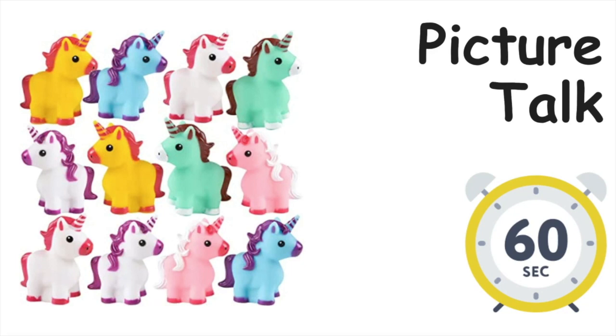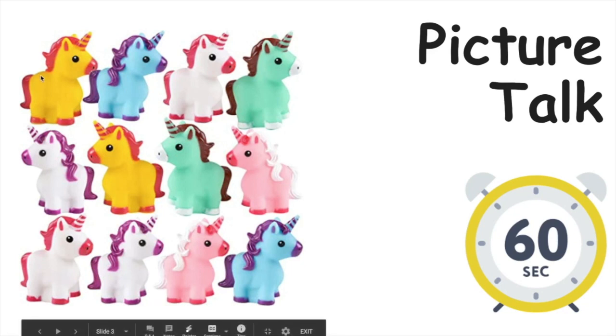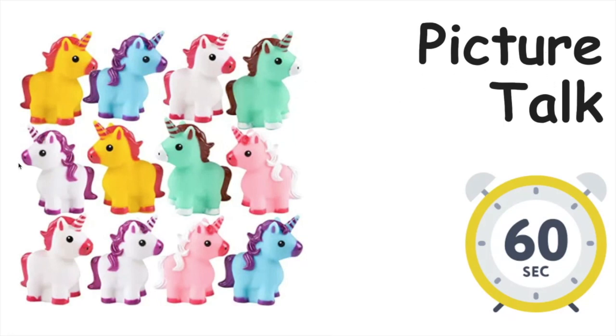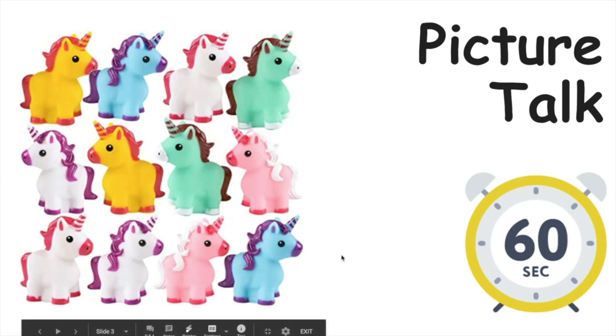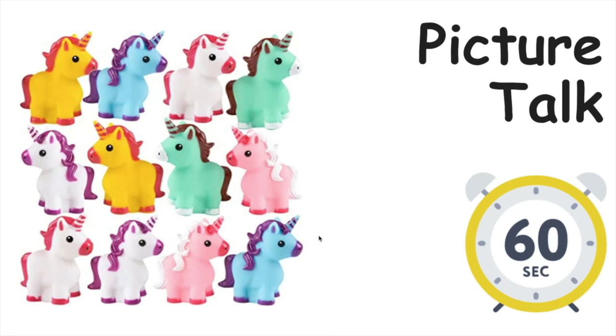Another thing that you might have noticed is that one row of unicorns is looking one way, the other row is looking a different way, and this unicorn row, they're looking the same way as the top one. So it's like a zigzag pattern. I hope you noticed all of these things and some other things about this picture.